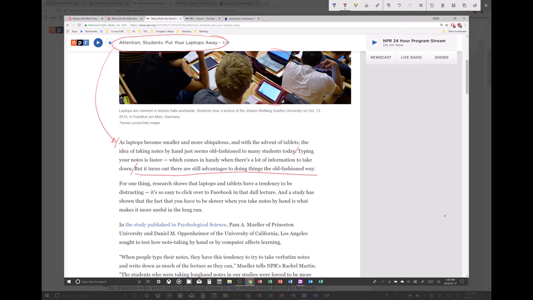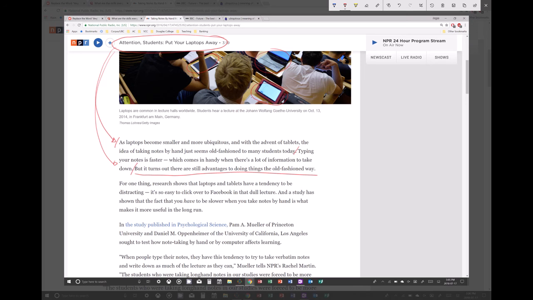The first one talks about laptops, but it does not match this title, which is telling us to put the laptops away. The second sentence also does not match. It talks about the opposite, saying why students take notes on laptops and tablets and mobile devices, not the other way around.